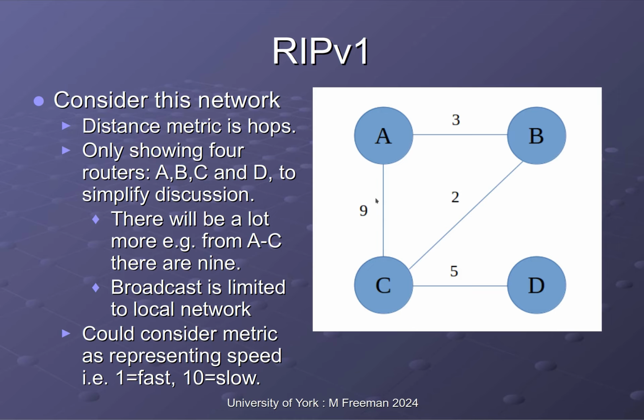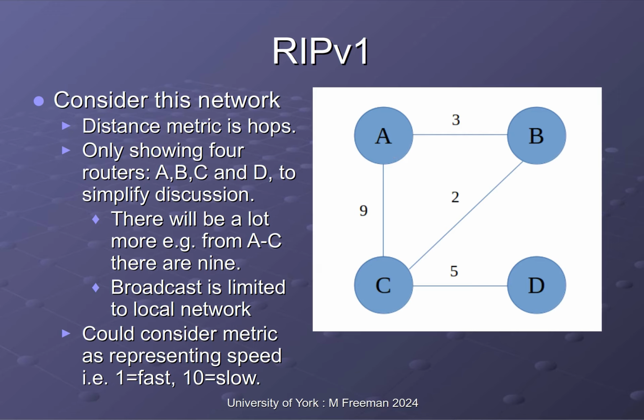This is a summary of the number of routers in between A and C. For the purposes of this discussion, you can consider that to be speed. For example, 1 would be a very fast communication link, so preferable, and 10 would be a very slow one. But do remember with RIP, the metric we use to assess the quality of the link is hops: how many routers does a packet have to go through to get from one point to another?